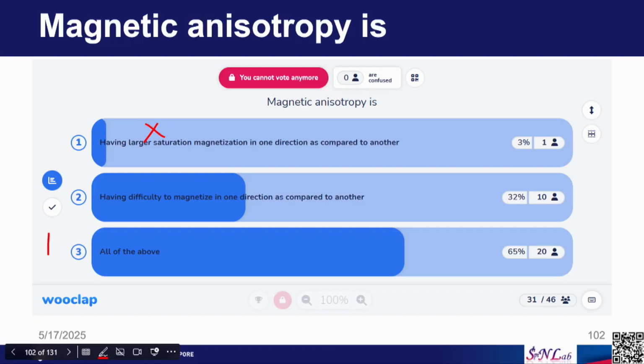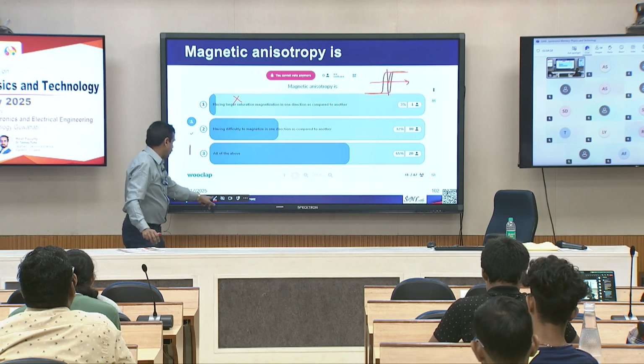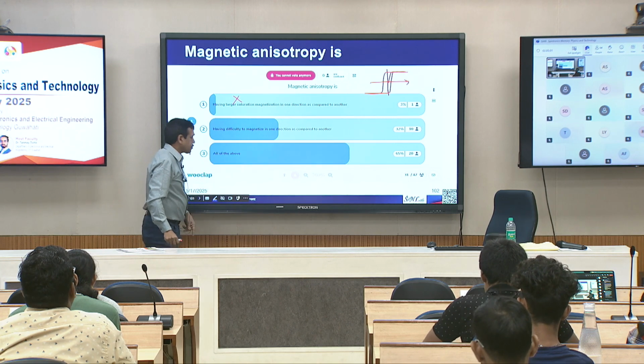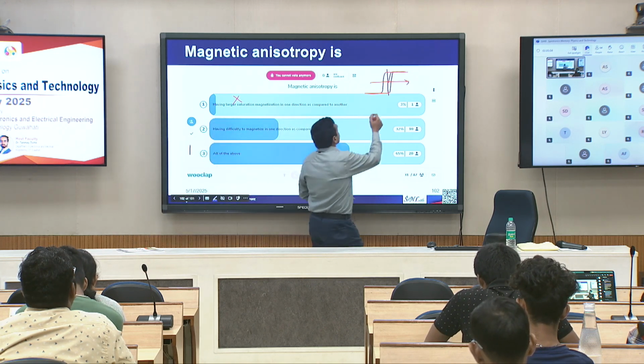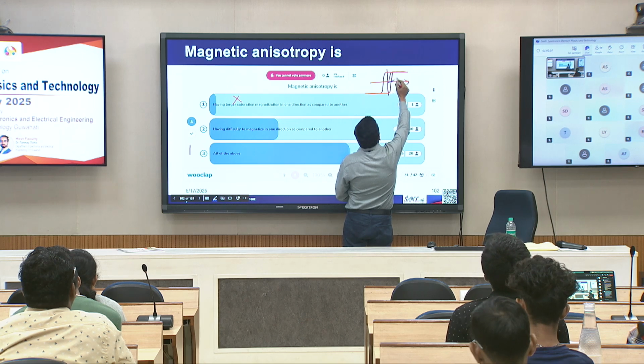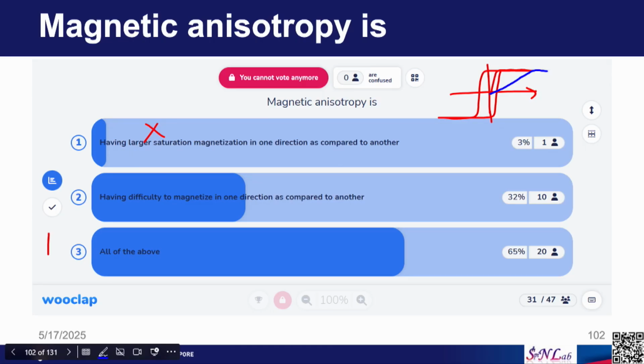When you apply magnetic field in the plane of that paper, you will reach saturation quickly and you will have a hysteresis loop like this. Now, I apply magnetic field in the perpendicular direction. I need more magnetic field. My hysteresis loop may be something like this, in the hard direction.